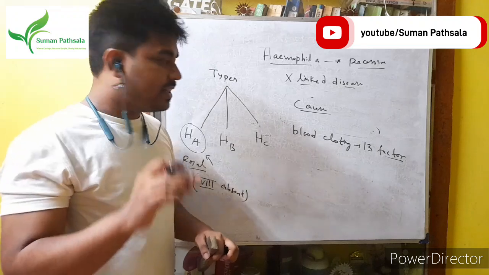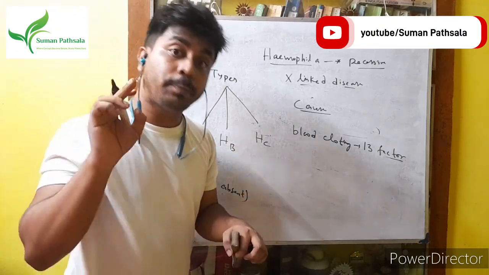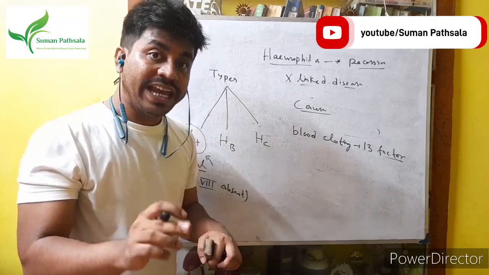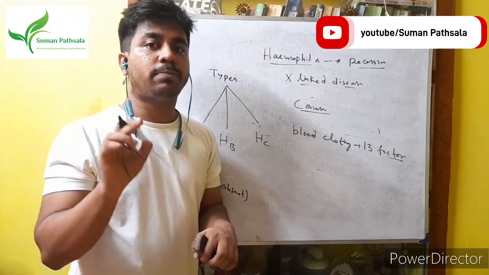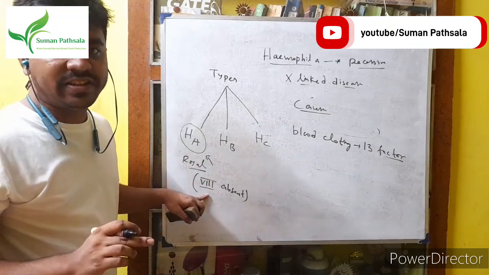All the factors must be present for blood clotting. If any factor is absent, then the blood does not clot properly. So in case of haemophilia A, factor 8 is absent.